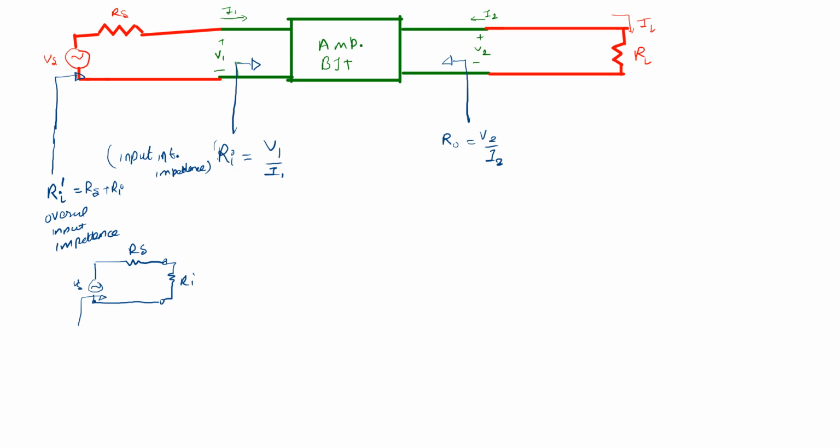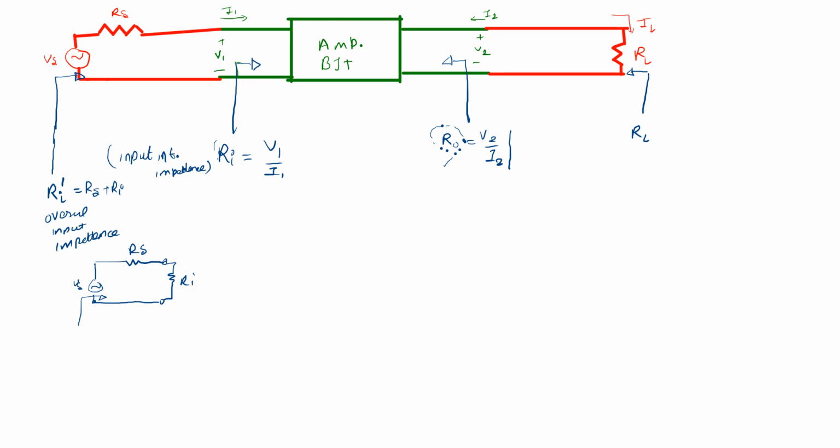From the output side you need to see the same thing, the overall output impedance. What we will have there is the Ro dash, with RL. You need to replace the network by R naught. But when you write the R naught, you need to turn off all the independent sources, because this is the Thevenin resistance.